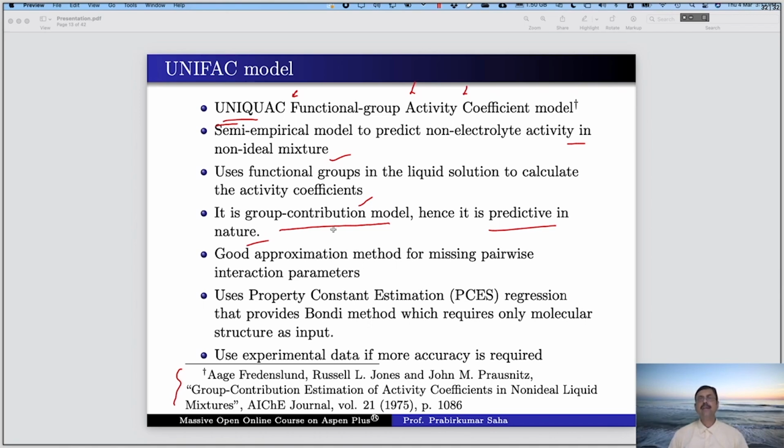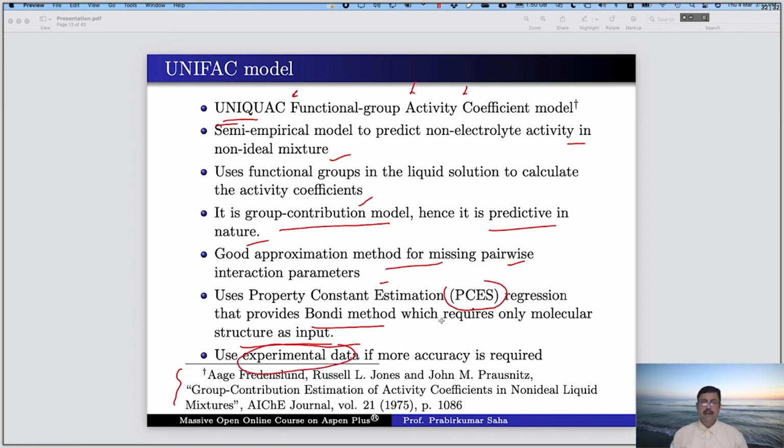In such situation, UNIFAC model predicts the interaction beautifully. So it's a good approximation method for missing pairwise interaction parameters. And it uses the property constant estimation PCES regression that provides Bondi method, which requires only the molecular structure as input. And if more accuracy is needed, then you have to use experimental data rather than the UNIFAC model.